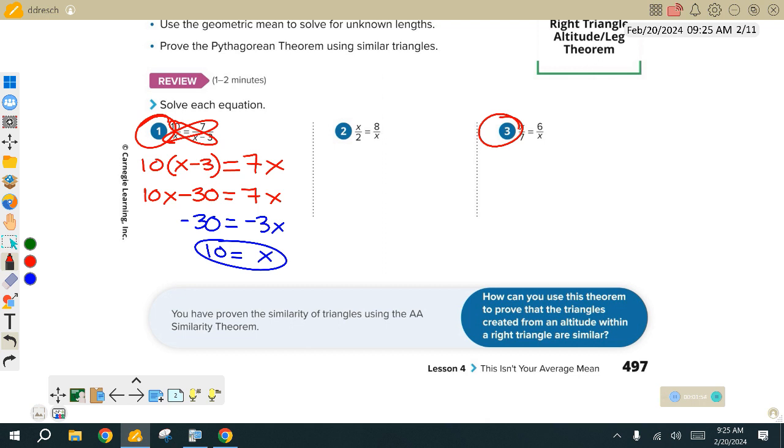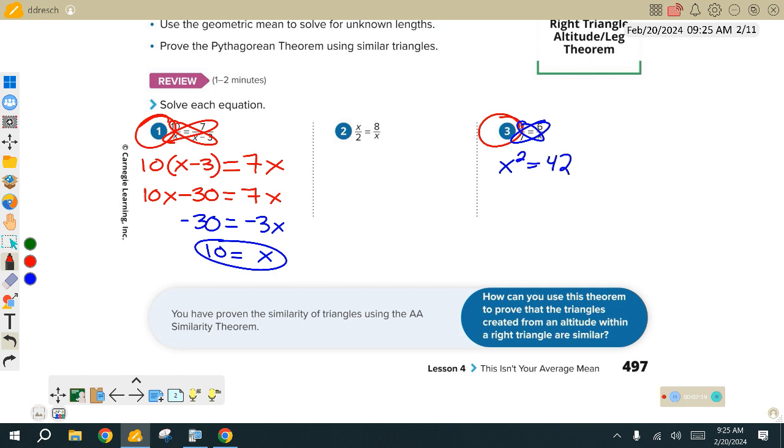Now the second one, this is where more of us messed up. I say messed up, but again, it's an easy one to fix. X times x, 6 times 7. We don't have a linear equation. We have ourselves a what? Quadratic. How are we going to solve this quadratic?